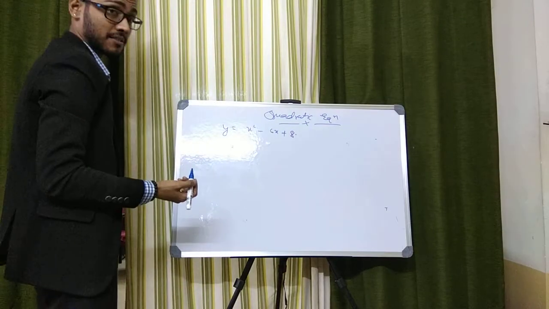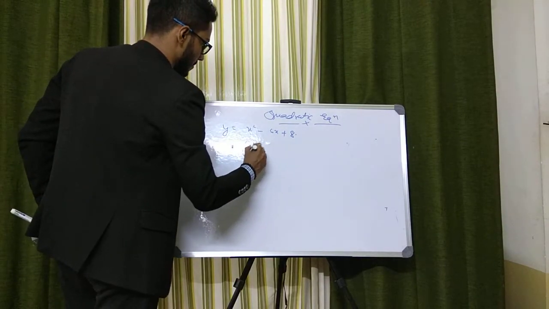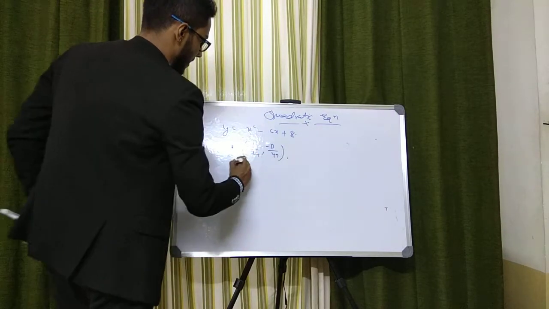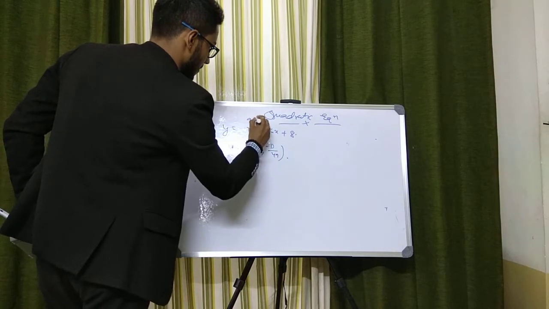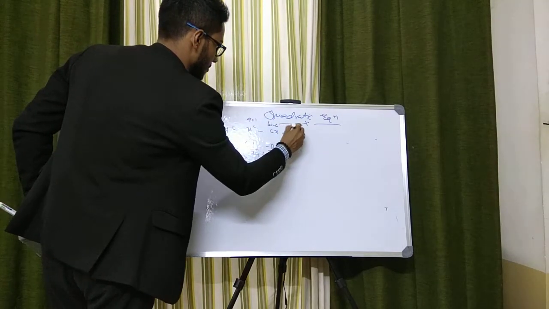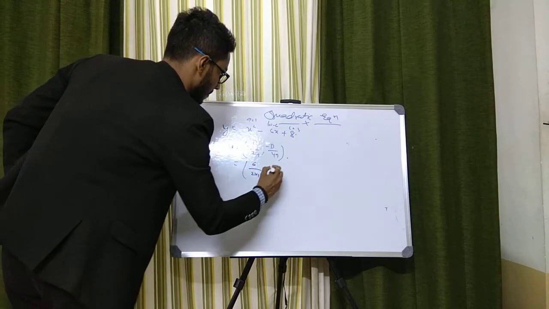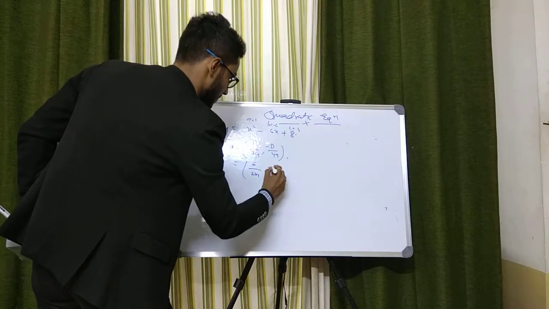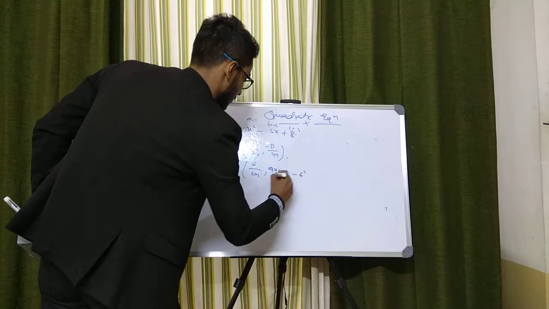What will be the maximum value? What is the vertex? First of all, the vertex will be minus b by 2a comma minus D by 4a. If I go this way, I can get it easily. So, a equals 1, b equals minus 6, c equals 8. So, minus b by 2a is minus of minus 6 by 2 into 1, comma, minus D, which will be 4ac minus b square, by 4a. So, 4 into 1 into 8 minus 6 square.